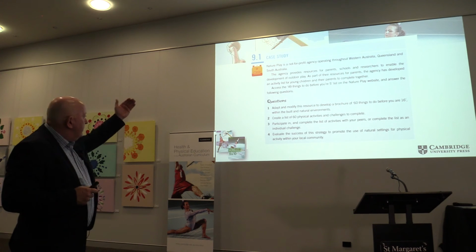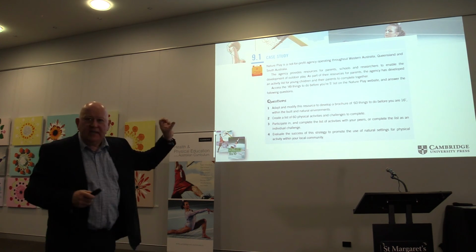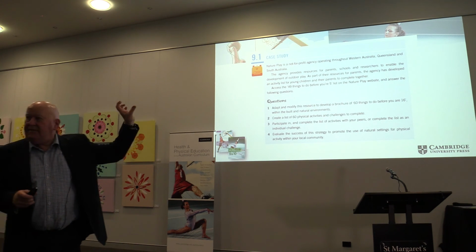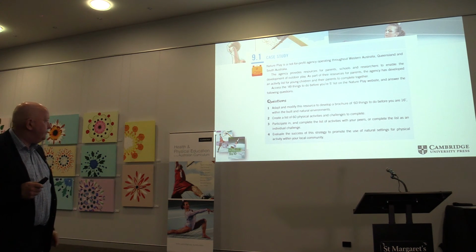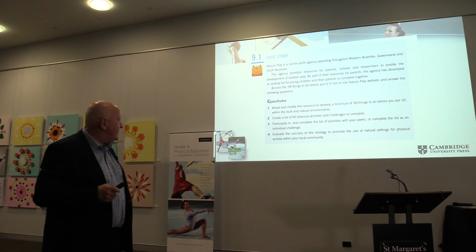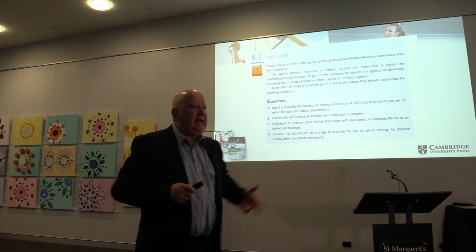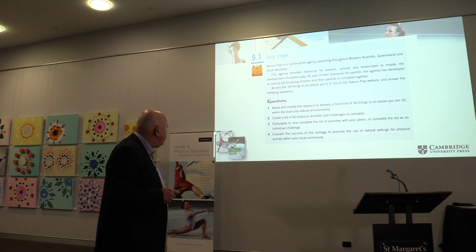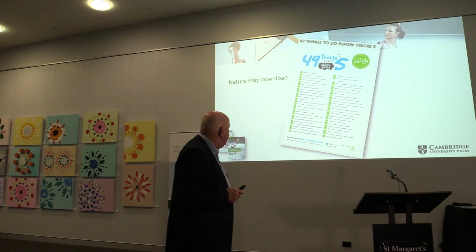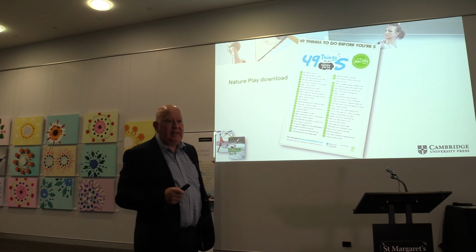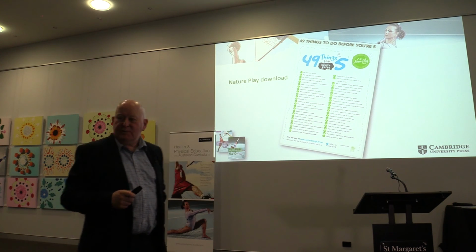So look at the built environment, look at the natural environment that's around you, and think about 60 physically active activities that you can be involved with. Create that list of 60 physical activities and challenges, and then participate in and complete that list. There's the download. So there are 49 things you're going to do before you're 5 years old. Let's do 60 things before we're 16.